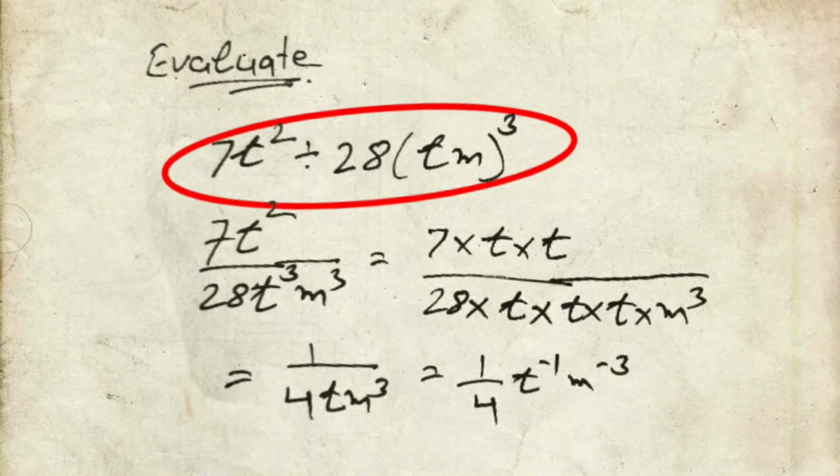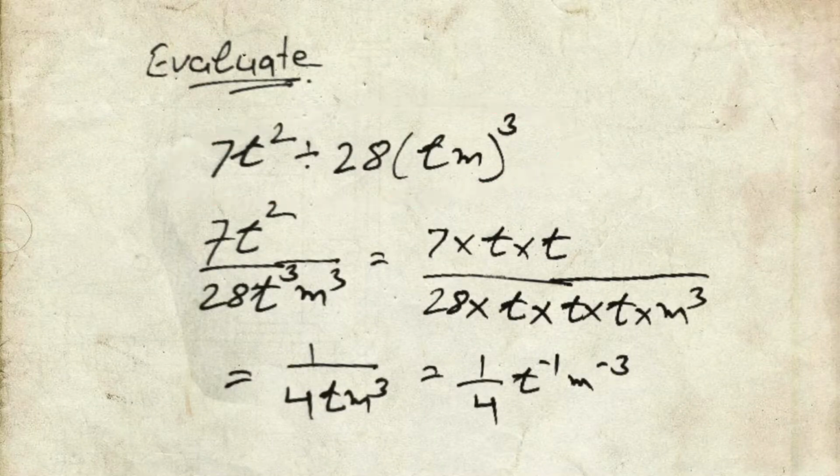So the first problem is to evaluate 7t squared divided by (28tm) whole cube. Here is how you sort it out. 7t squared over 28 t power 3 and m power 3, equals 7, just open as 2 times t, so 7 multiplied by t twice, over 28 multiplied by 3 times t and 3 times m.